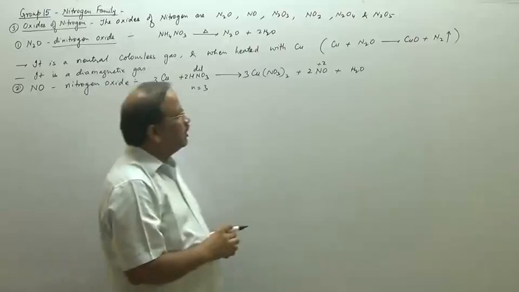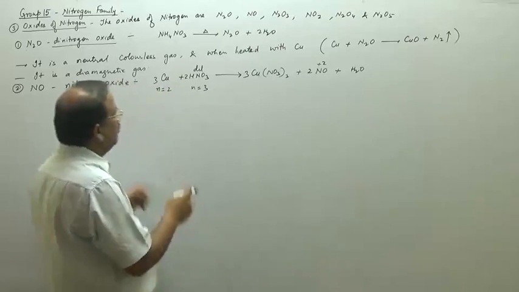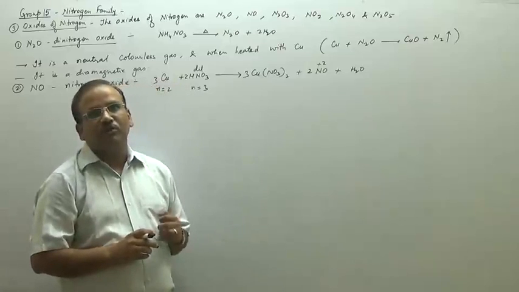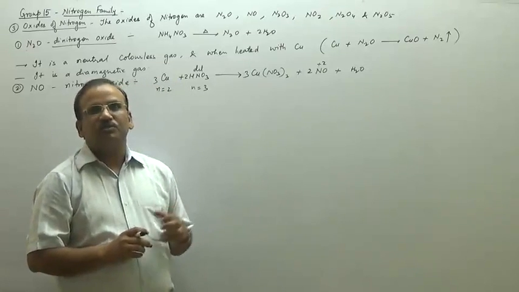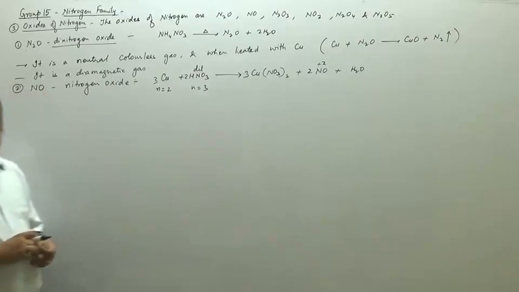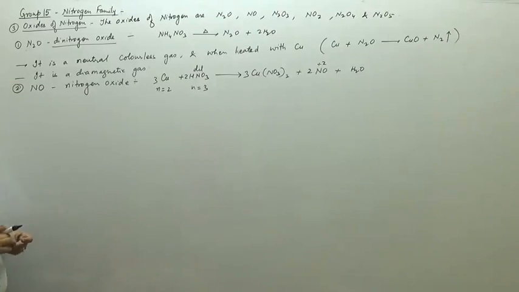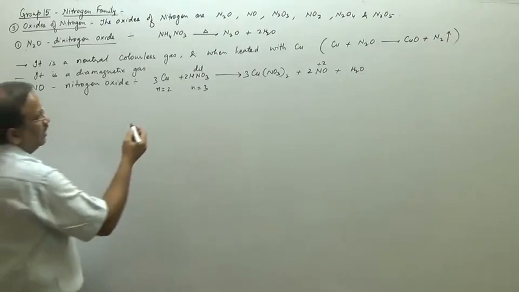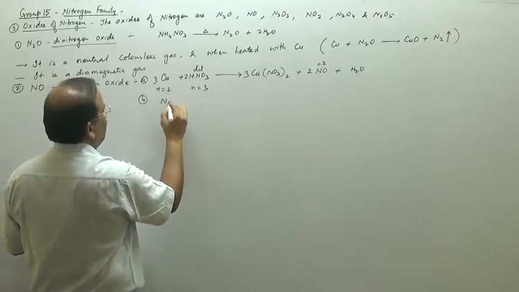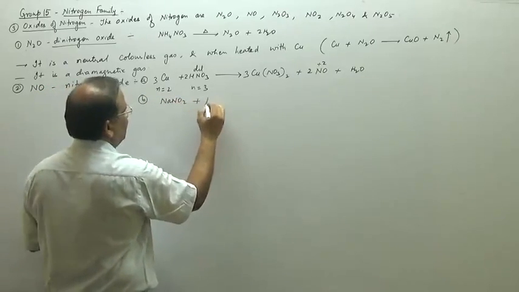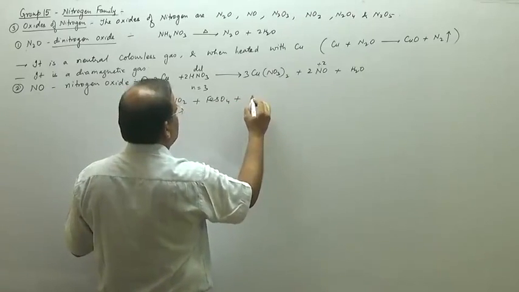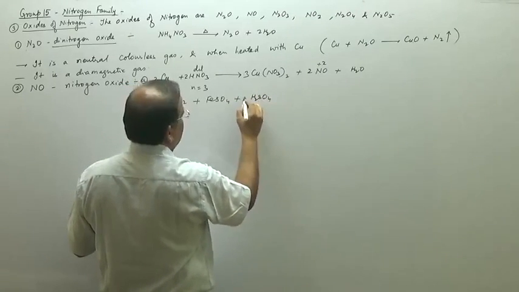So that is how we are able to write that nitrogen oxide is formed. Nitrogen oxide is also formed when HNO3 is treated with FeSO4 in the presence of dilute H2SO4. This is method A. Method B is when NaNO2 is treated with FeSO4 in the presence of dilute H2SO4.